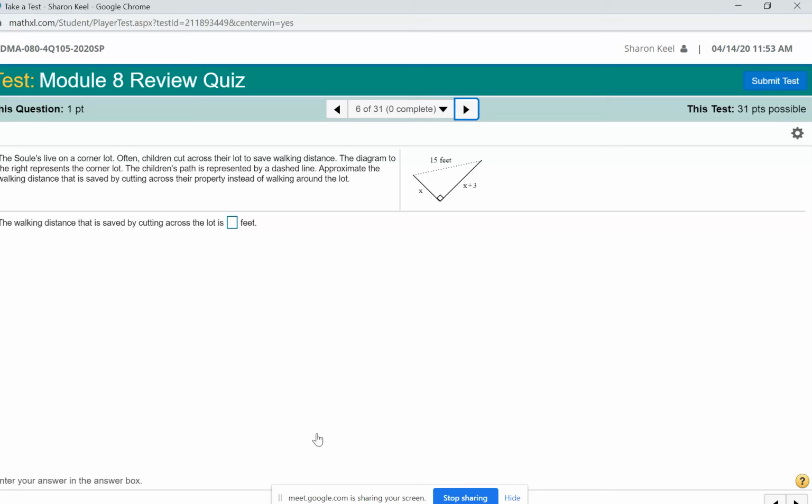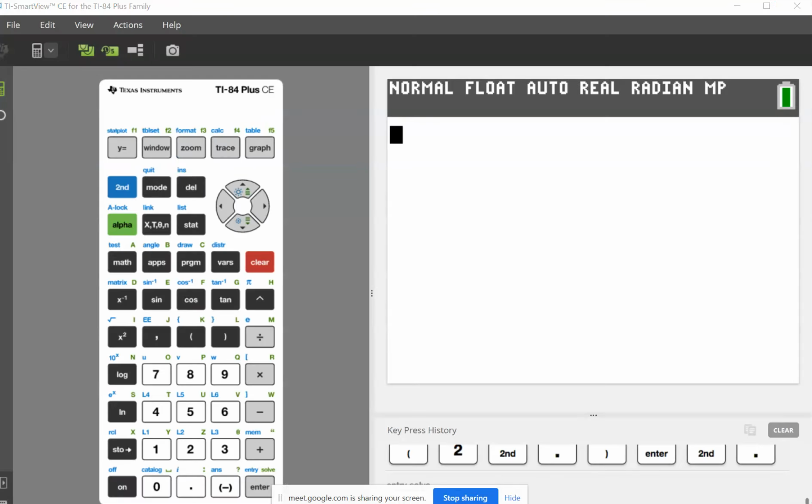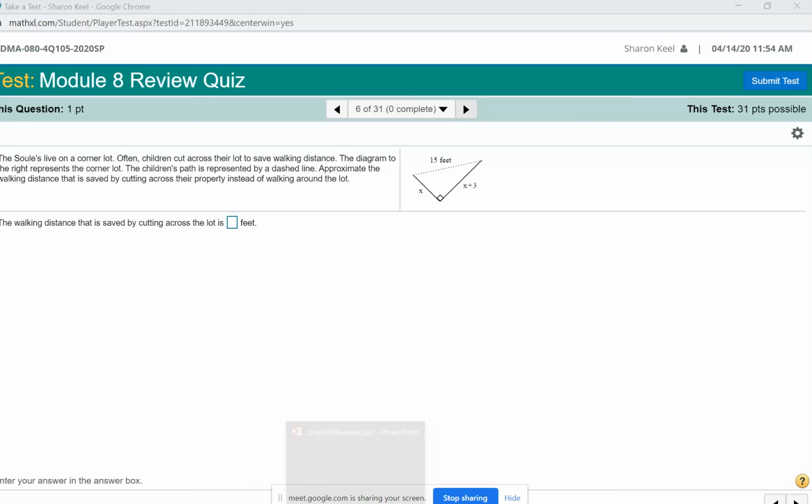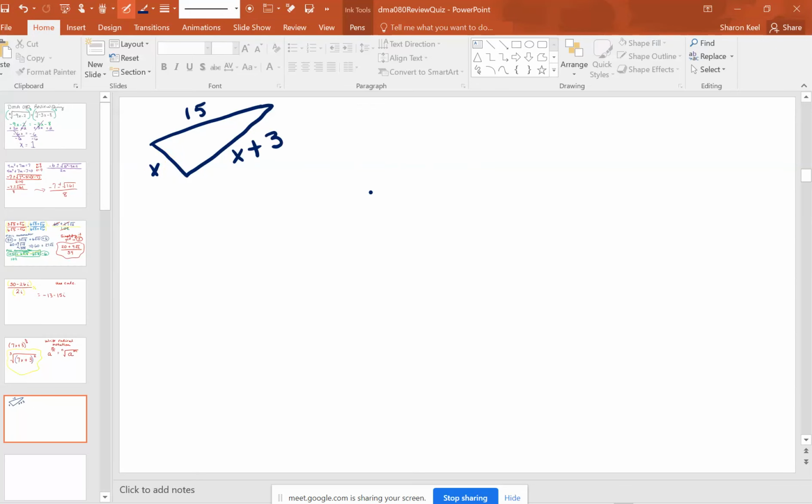Okay, so let me sketch the drawing. That was an x plus 3. That was 15, and I believe that was x. Let me just double check. 15, x, x plus 3. Okay, so the way the problem is written, let me explain what they're wanting you to do.